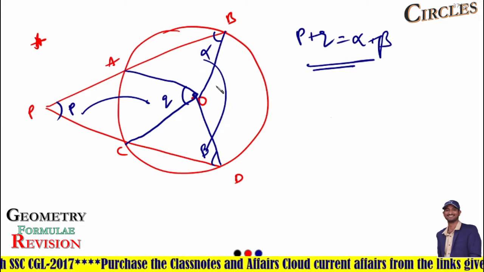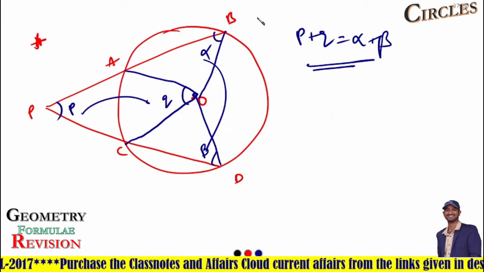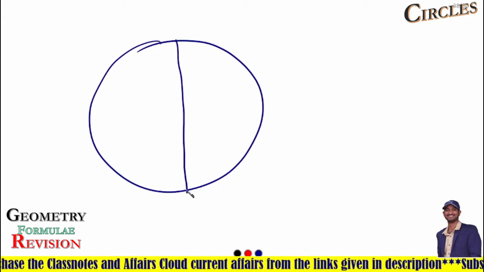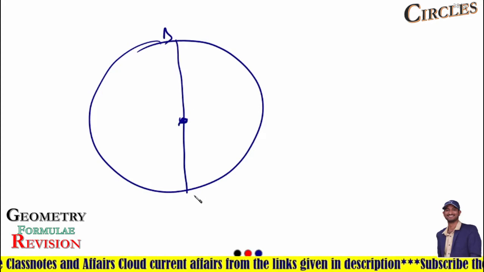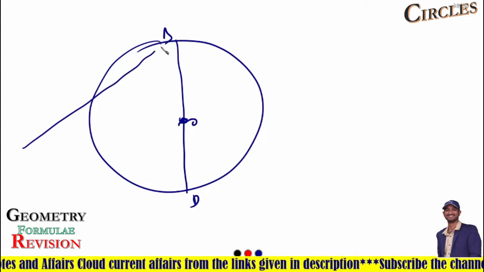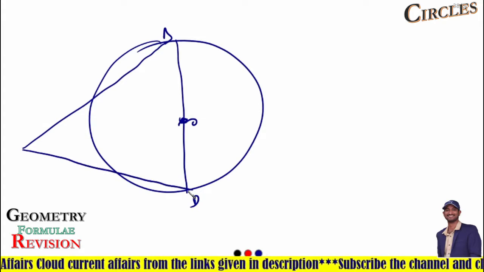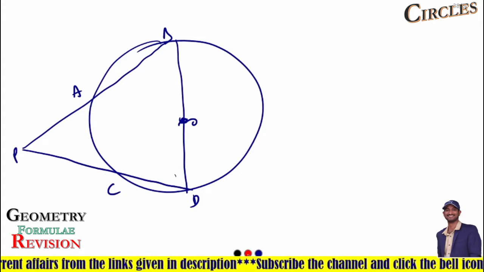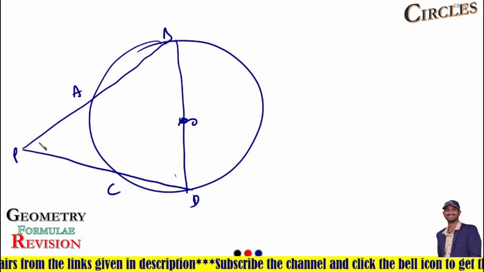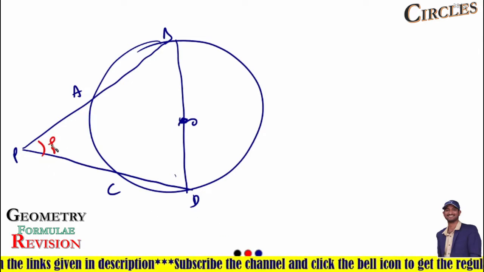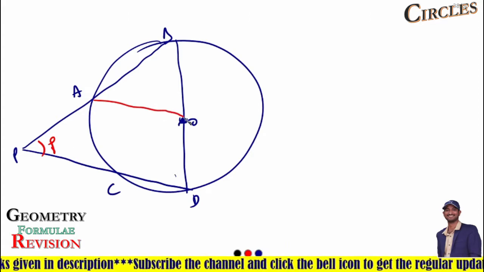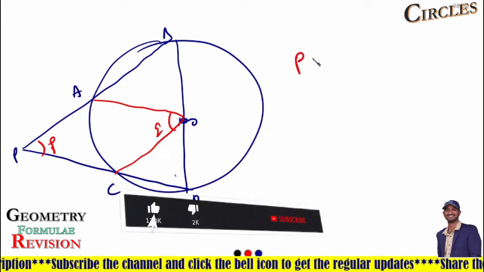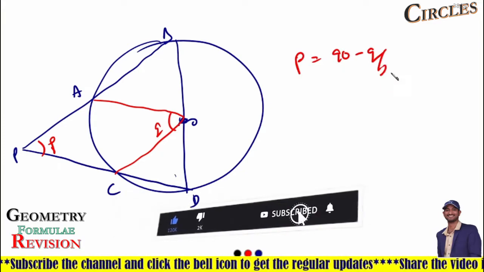Suppose BD is a diameter. Same thing I am applying here. Suppose it is the circle and BD is the diameter. Same PAB and PCD are secants. And the angle between the secants is P, and angle AOC is Q. Then P equal to 90 minus Q by 2.